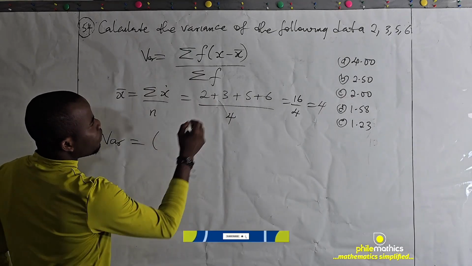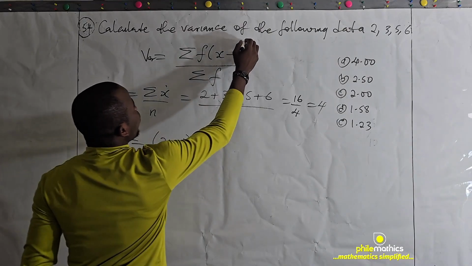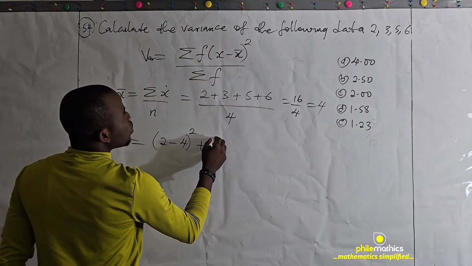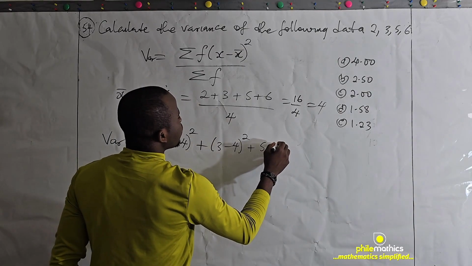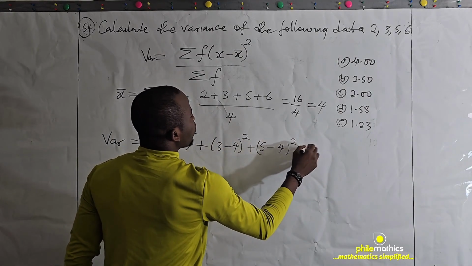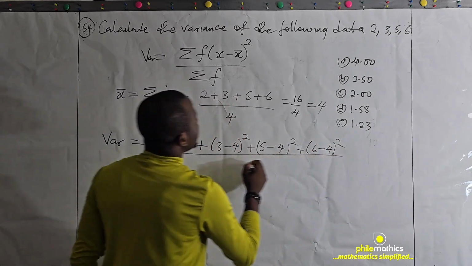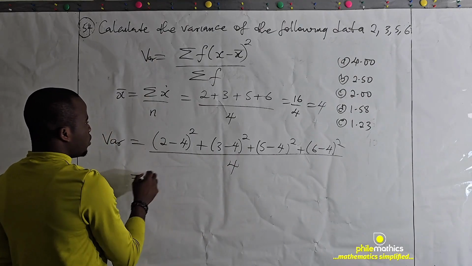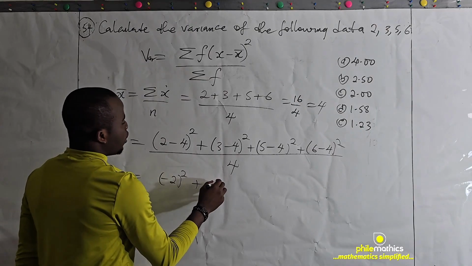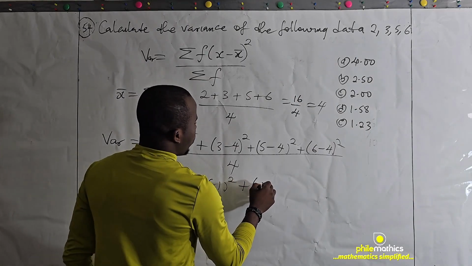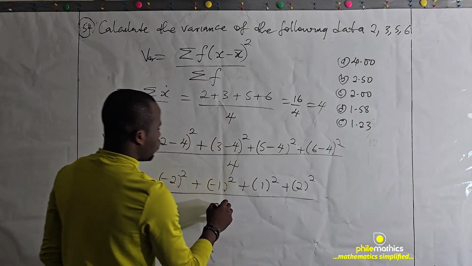So this will be, the first is (2 minus the mean) squared, plus (3 minus the mean) squared, plus (5 minus the mean) squared, plus (6 minus the mean) squared, over how many they are, which is 4. 2 minus 4 is minus 2, this squared, minus 1 squared, 1 squared, 2 squared, everything over 4.